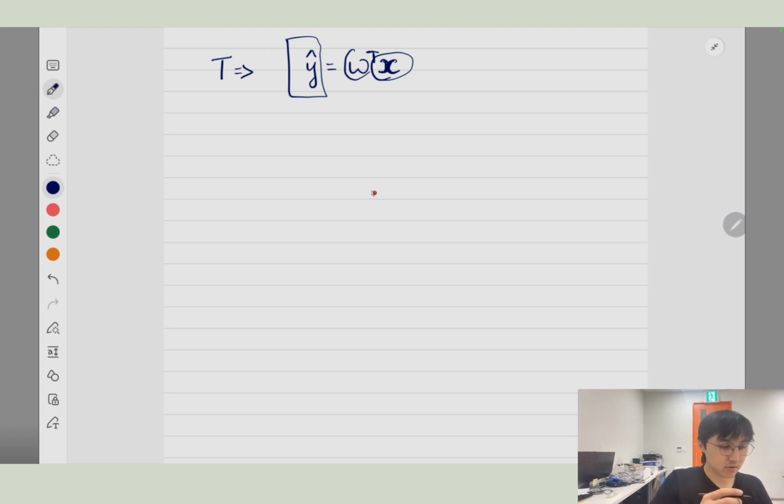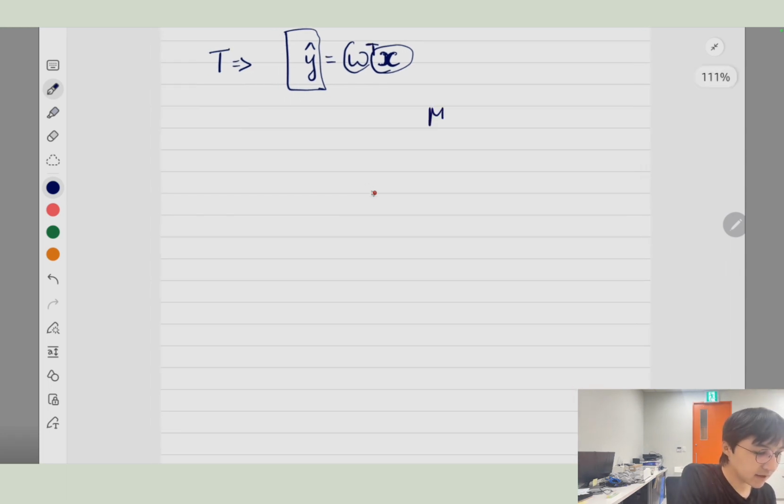So our linear regression computer system performs the task and gives us the y hat. Now we need to measure its performance, how well it is doing. So we are using this MSE to measure the performance.